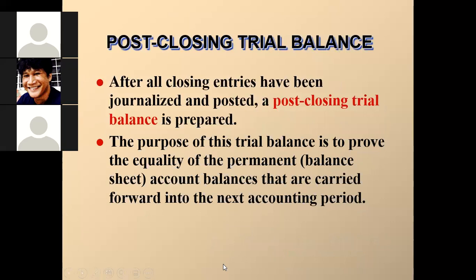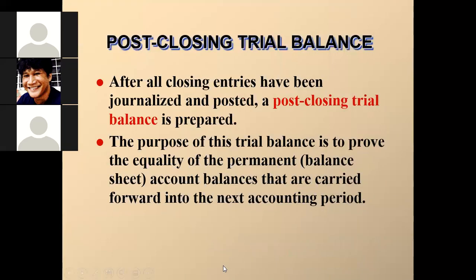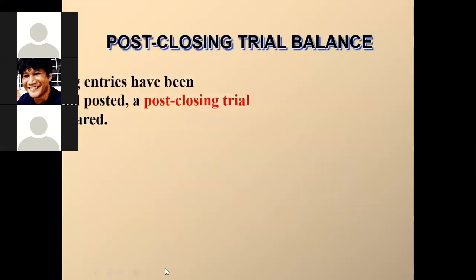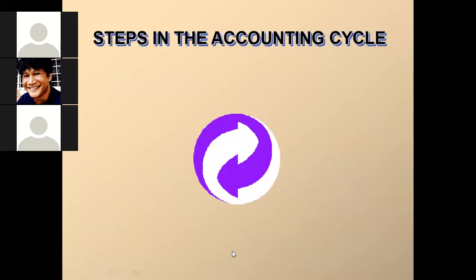That's why when you prepare the post-closing trial balance, what are included there are only your assets, liabilities, and owner's equity. There are no revenues, expenses, and drawings. So after that, you now have your post-closing trial balance.